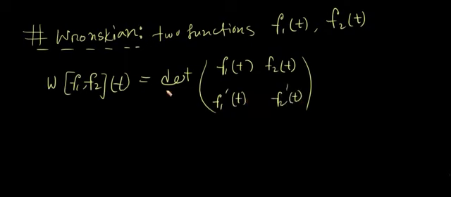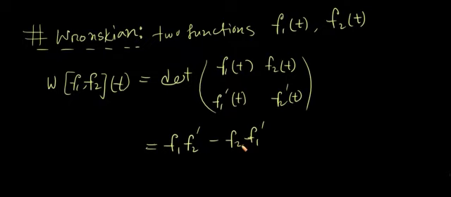This is equal to the determinant of this thing. So if you write it more explicitly, this is just f1 f2 prime minus f2 f1 prime. And notice that I haven't written the t dependence explicitly. It is understood from the context.